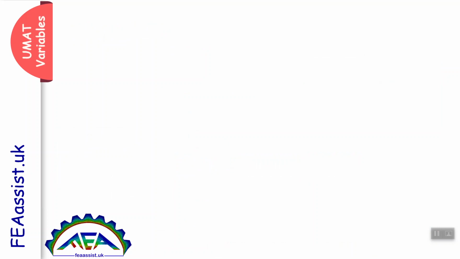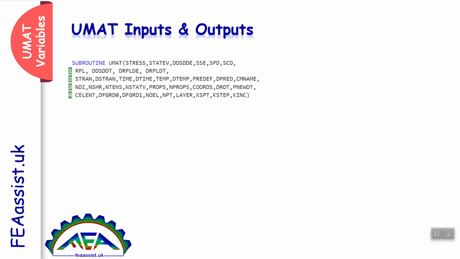The next important thing about any subroutine, especially VUMAT, is VUMAT inputs and outputs. VUMAT is a machine that accepts some inputs, processes the inputs, and exports them as outputs. VUMAT has some variables: stress, strain, DDSDDE, and some of the variables you can see here.